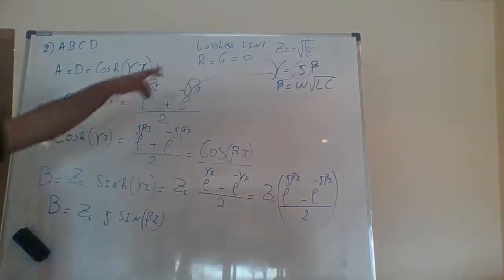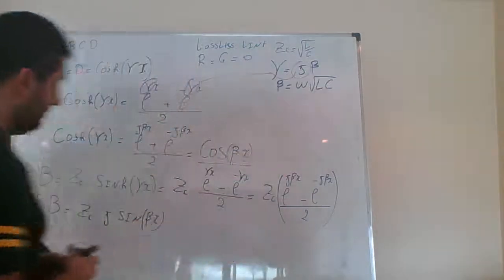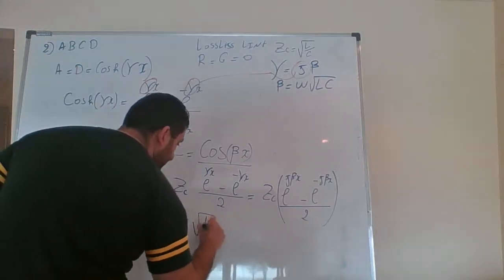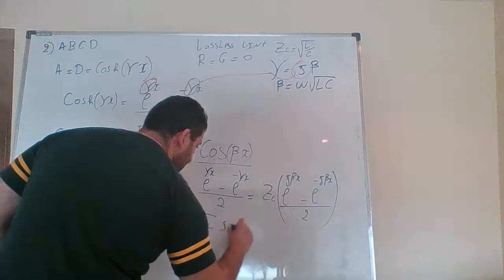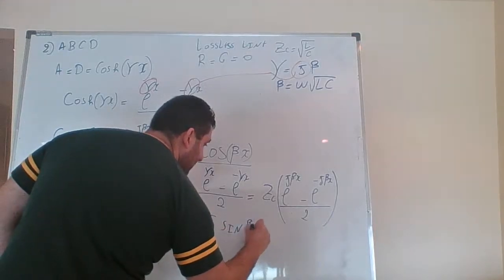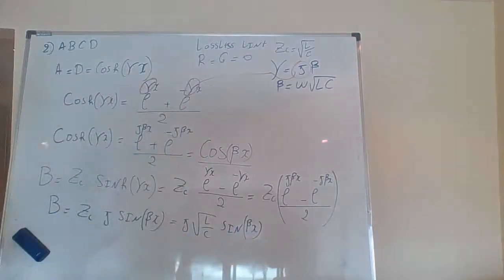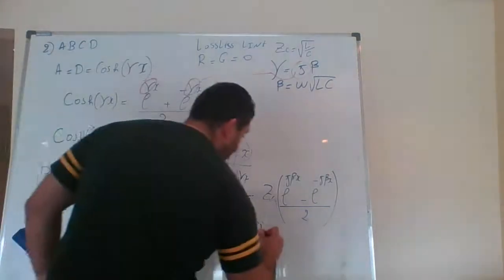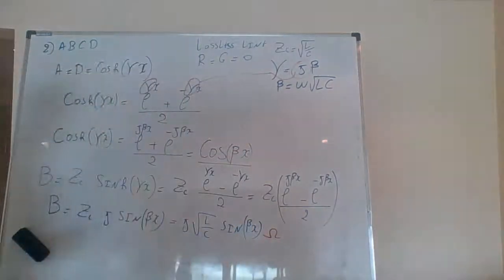We've already determined what ZC is in respect of vectors. It's equal to J, and this unit is ohm.